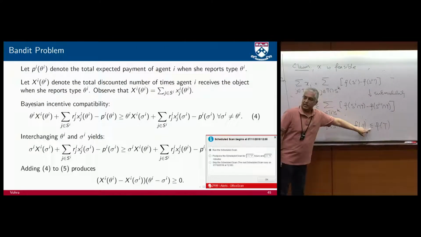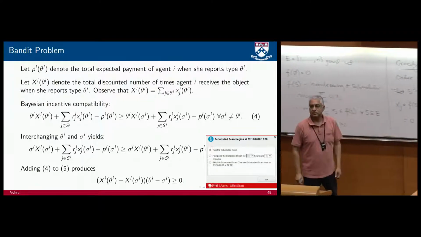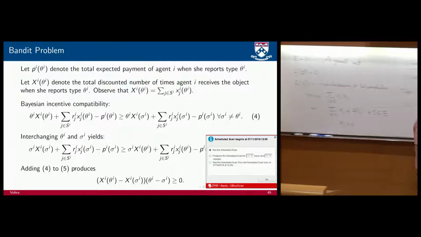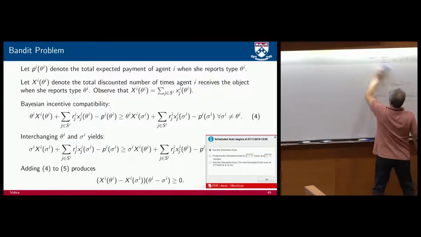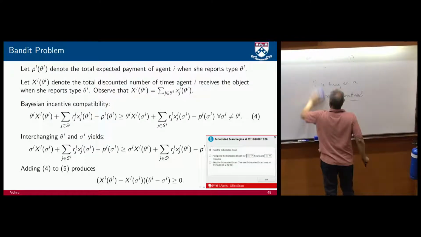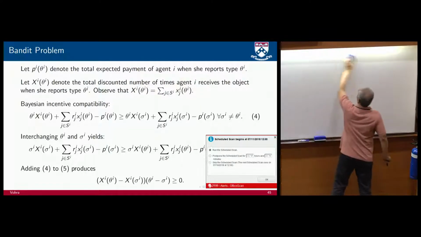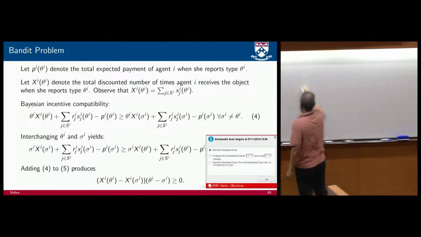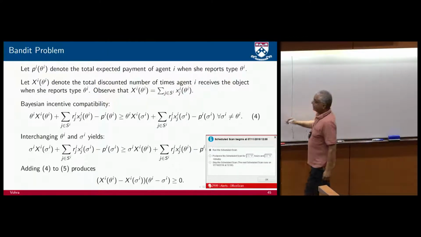This is monotonicity. Okay, so I've got feasibility.